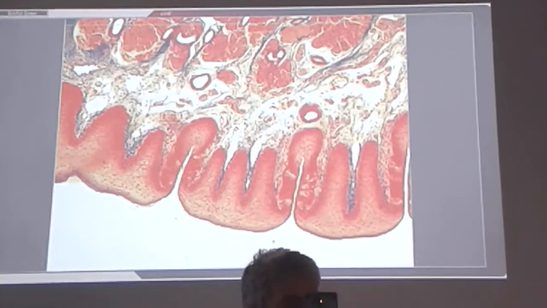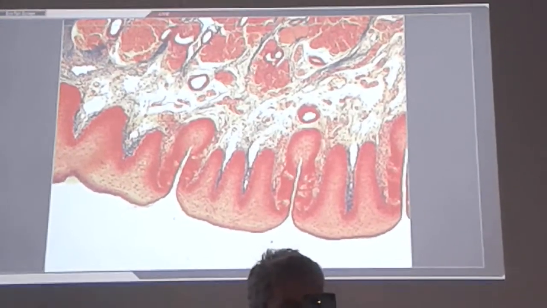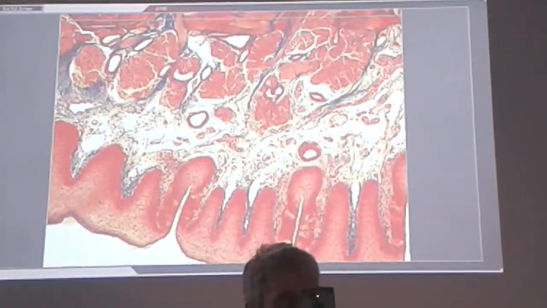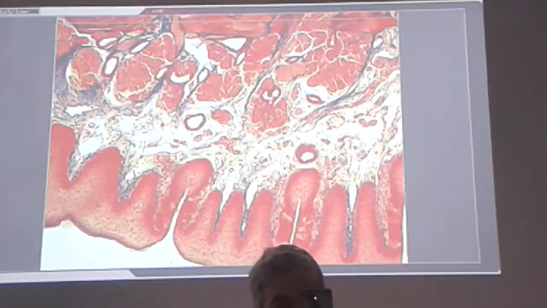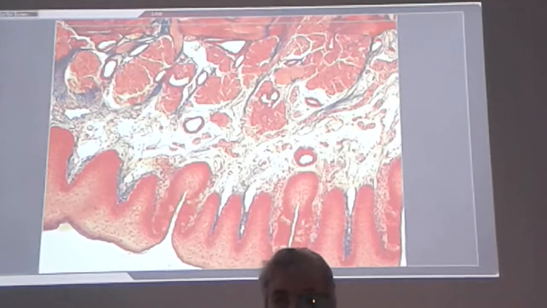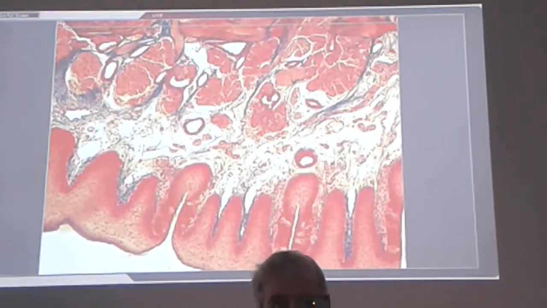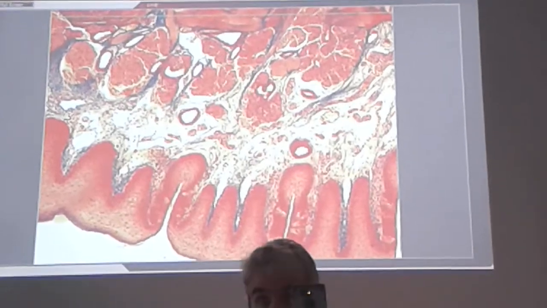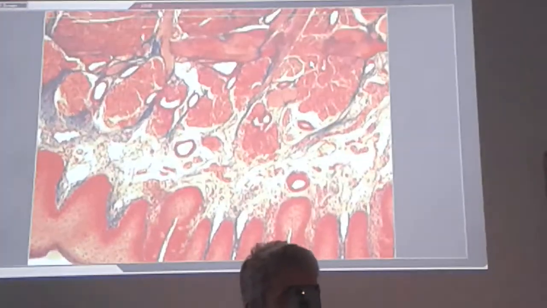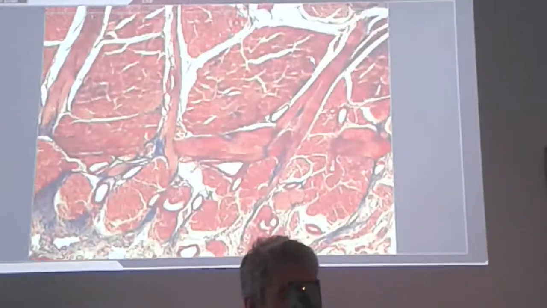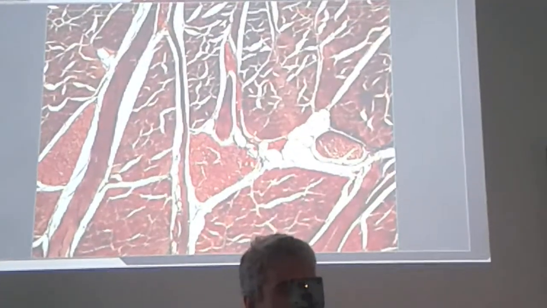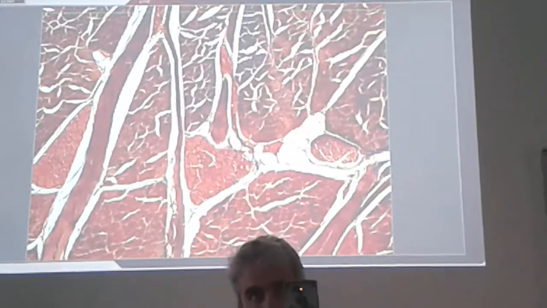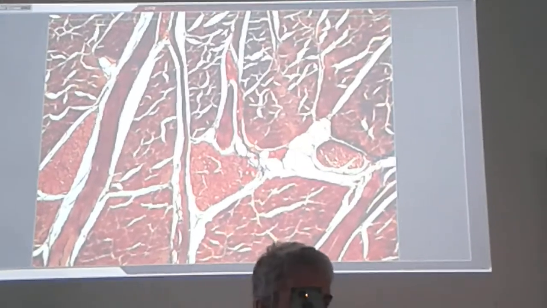We can observe the lamina propria and the submucosa filled with glandular structures. You remember we have some lingual and sublingual glands. They are also resting in the tongue itself. Then, going deeper, we come to the muscle layer, muscularis externa or tunica muscularis.